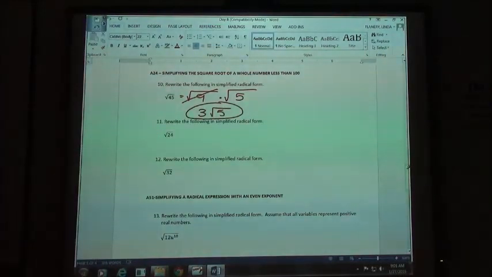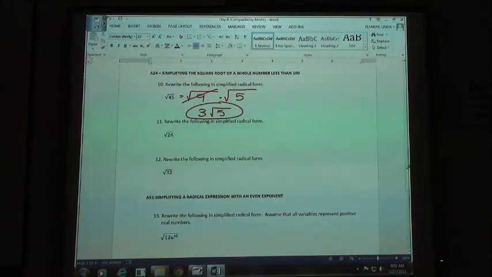So number 24, we want to write that in simplified radical form. I want the biggest perfect square that divides evenly into 24. If you look at that list of perfect squares, what divides evenly into 24? 4 or 6, right? 4 is on my list. 6 is not.